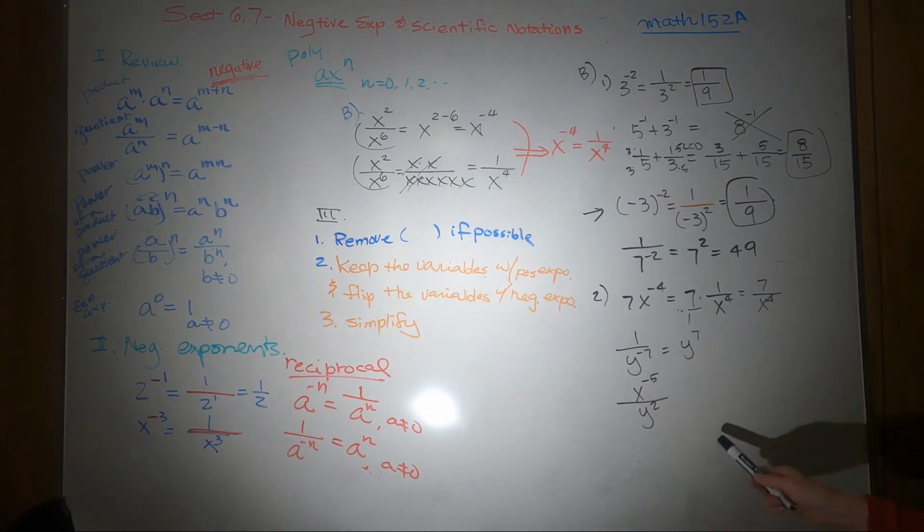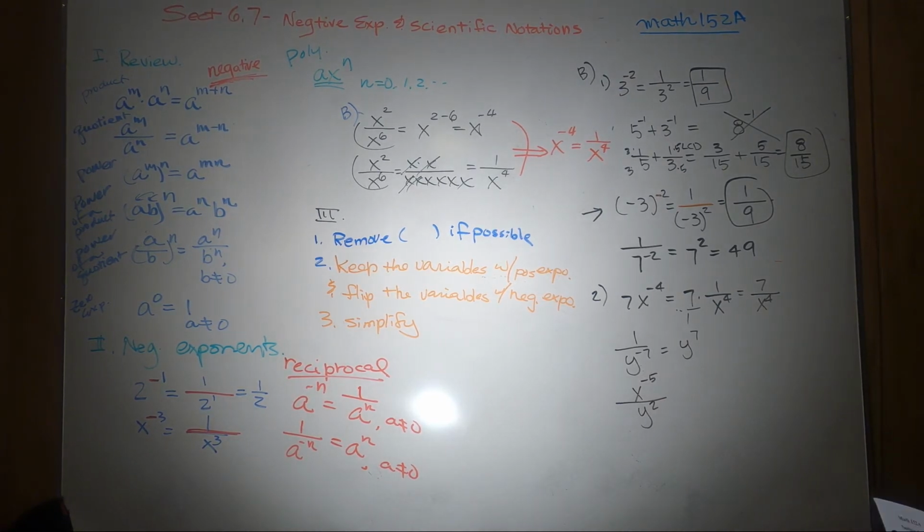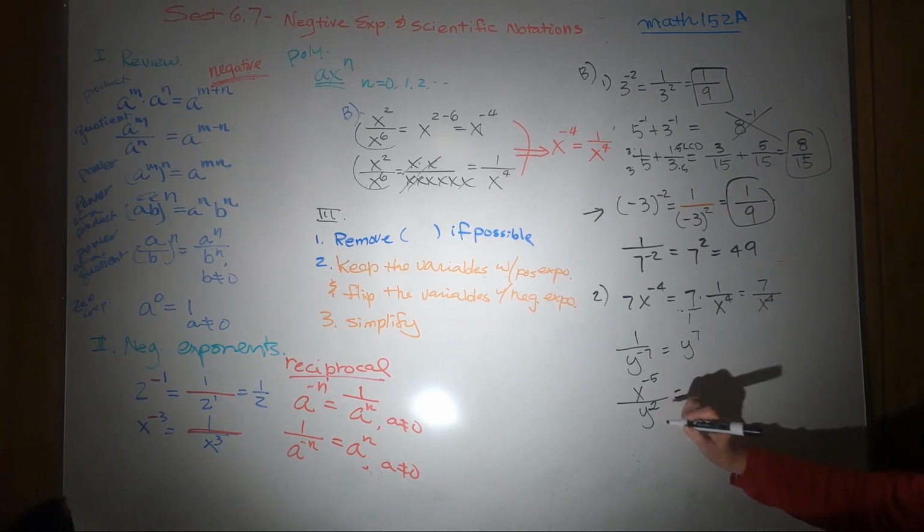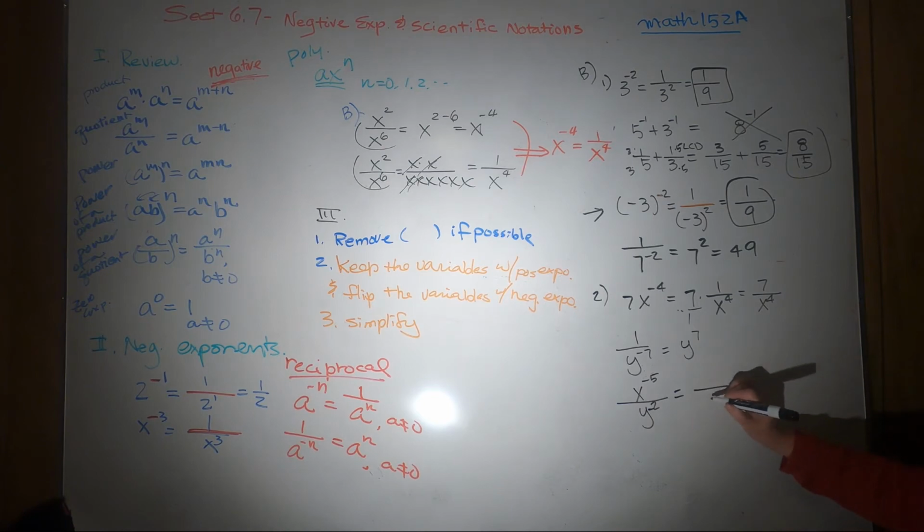Then write all the answers in positive exponents. Okay? So this one was negative, so this one we need to flip. This one we need to flip. It will end up this way.